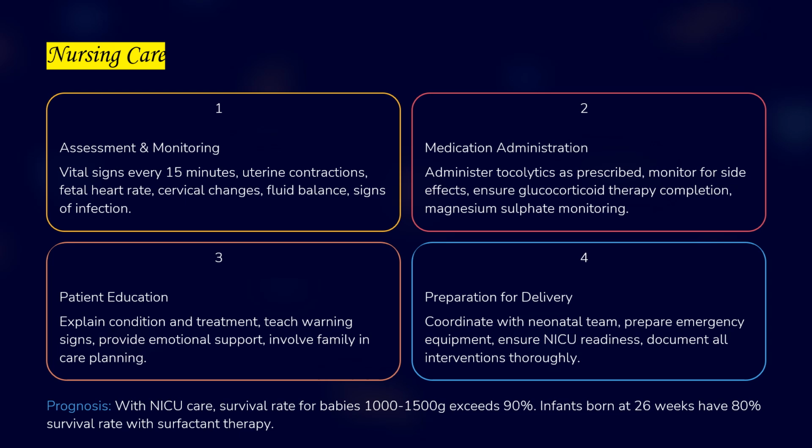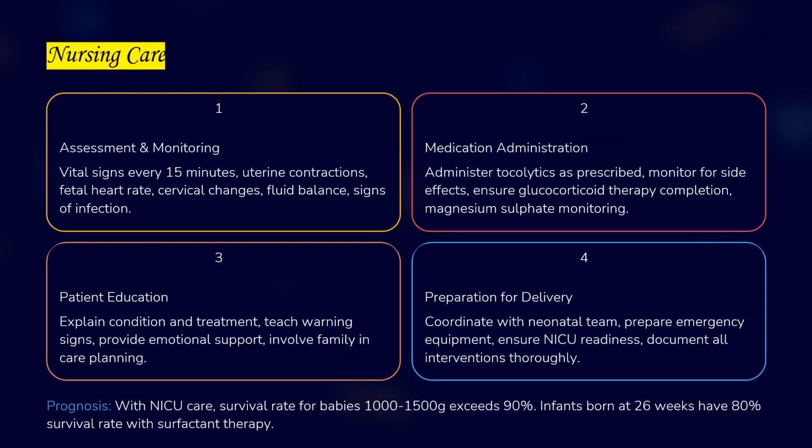That can be fever and foul smelling discharge. Okay, so these are the signs of infection. Number two, make sure that you administer the medication. Those are tocolytic agents, which we did study in the previous slide, like nifedipine. Okay, and you need to also monitor for any side effects.